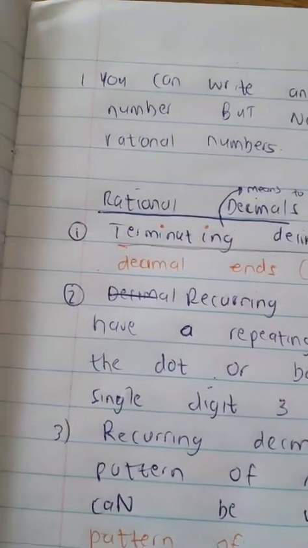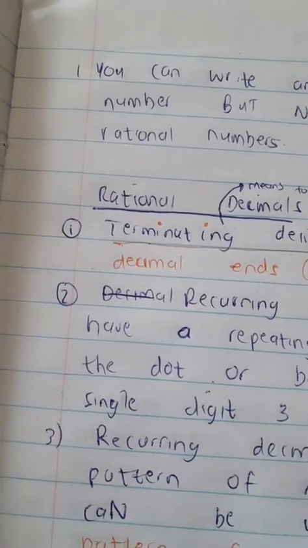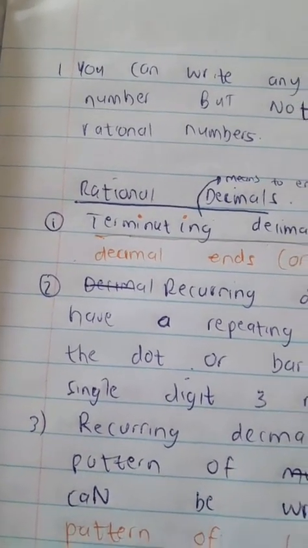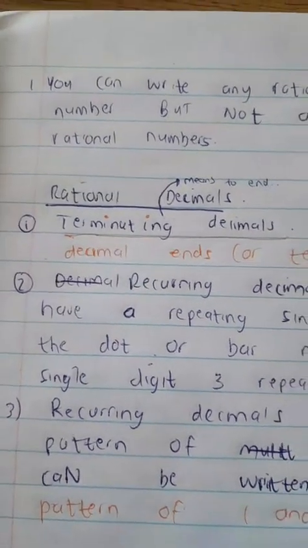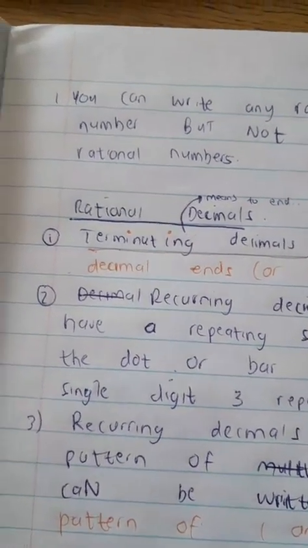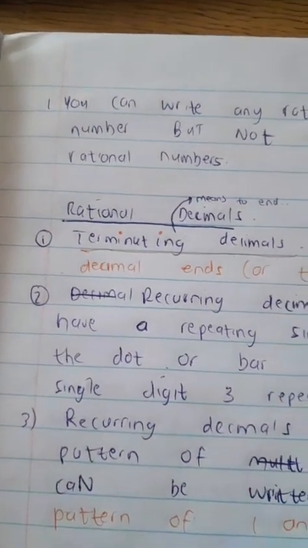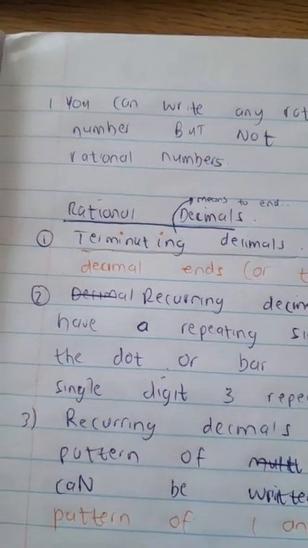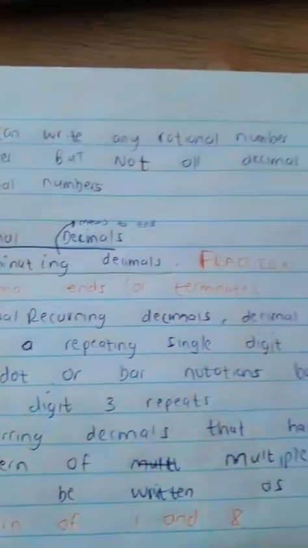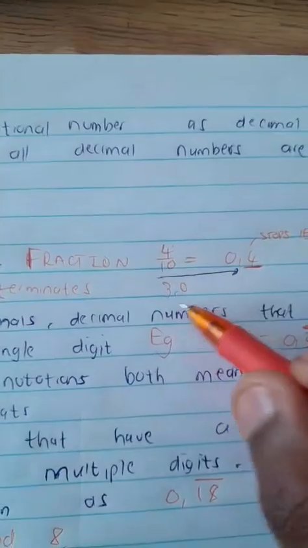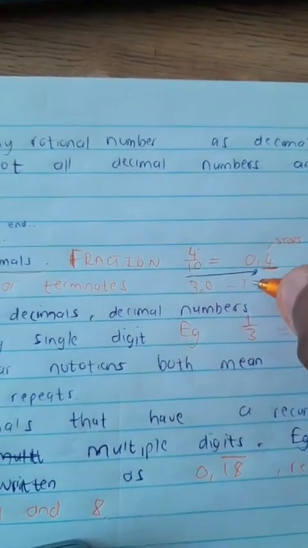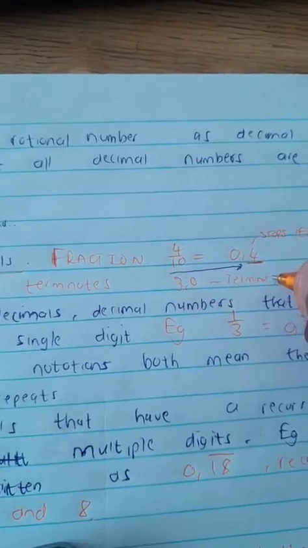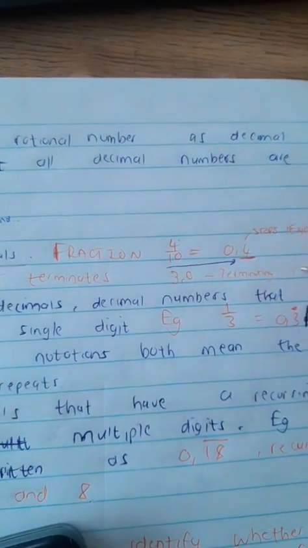So earlier on, Landiwe asked, is 3,0 a rational number? Simply put, 3,0 after the comma, it stops. So this is terminating. So that qualifies as a rational number.